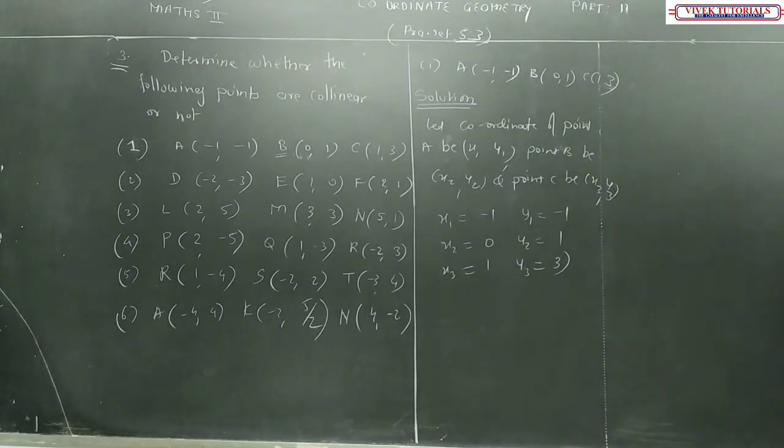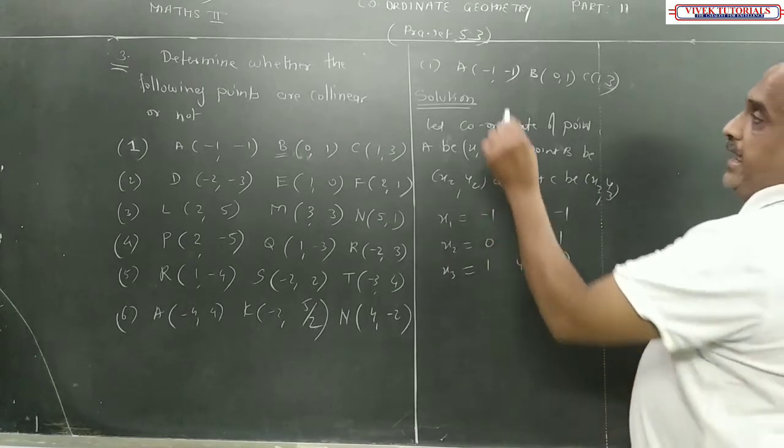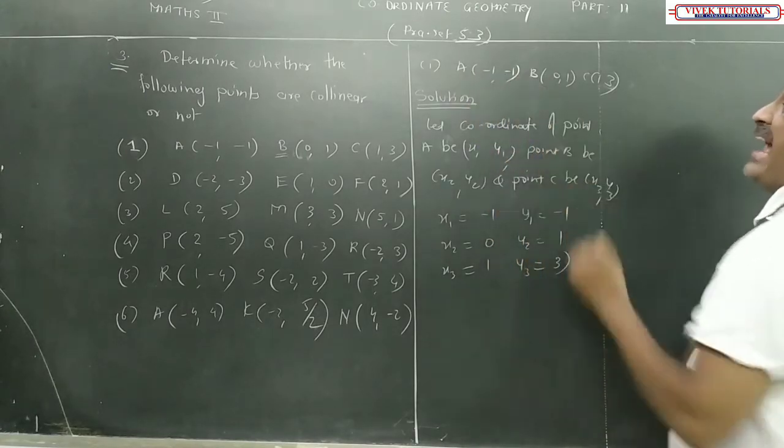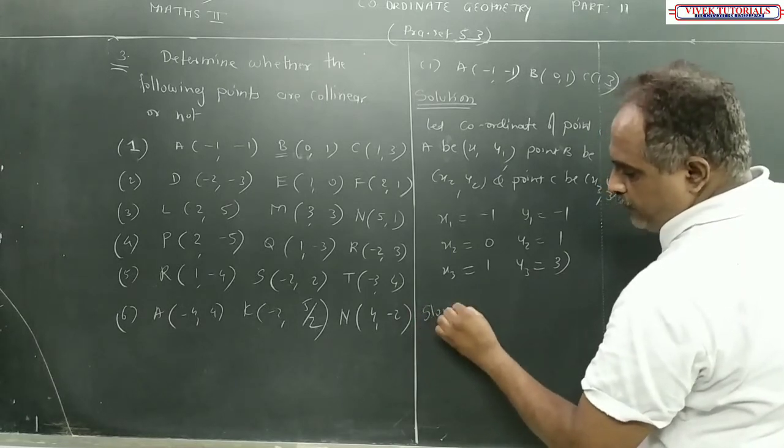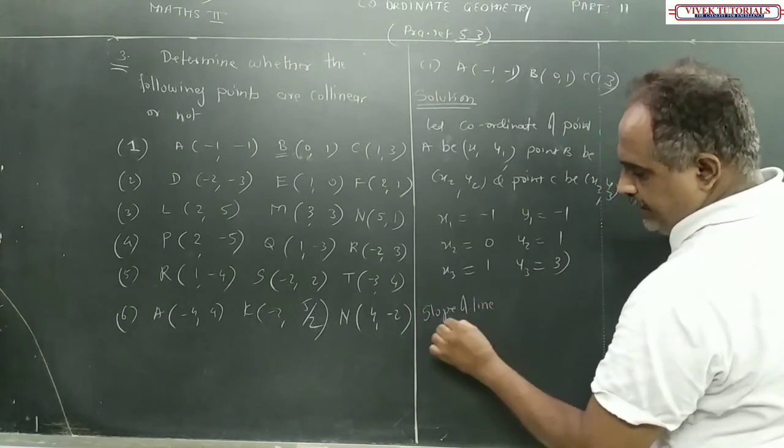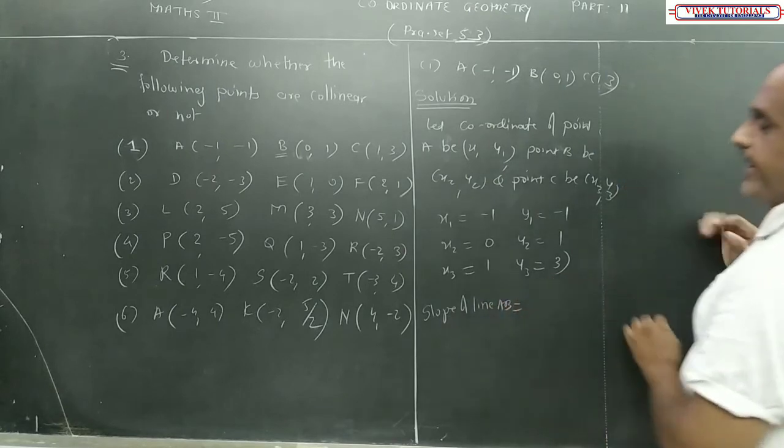First of all, we'll find the slope of line AB.